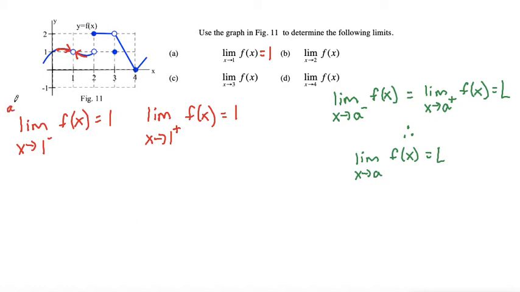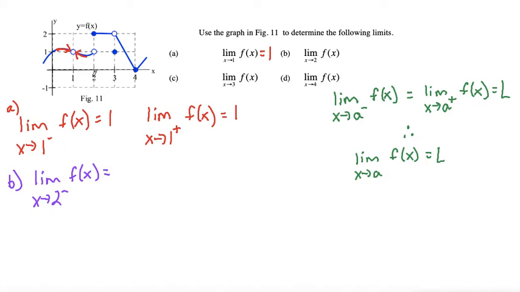That was part A. For part B, let me use a different color. For part B, we are looking for the limit as x approaches 2 of f of x. So let's first find the limit as x approaches 2 from the left-hand side of f of x.